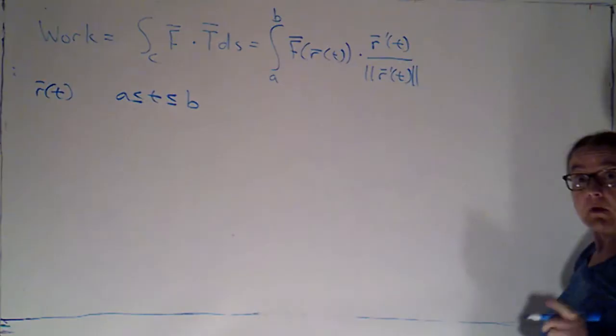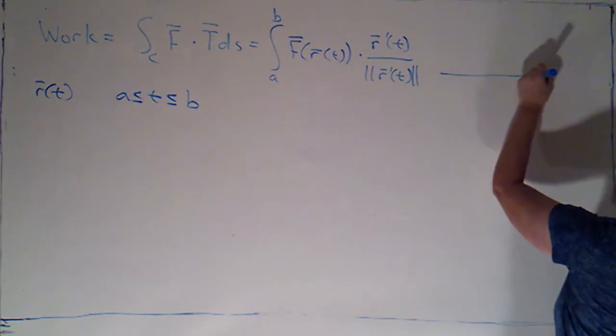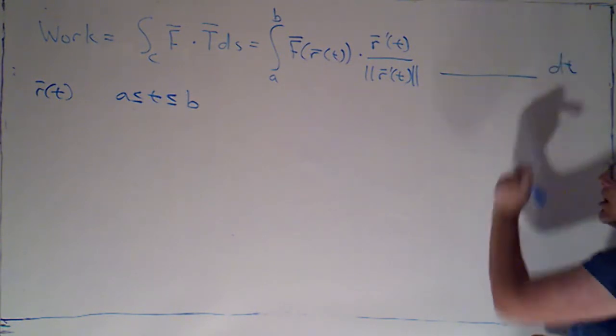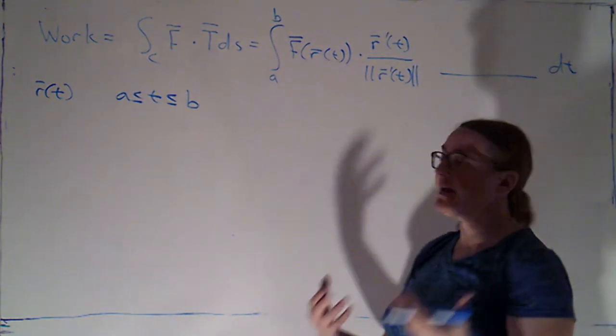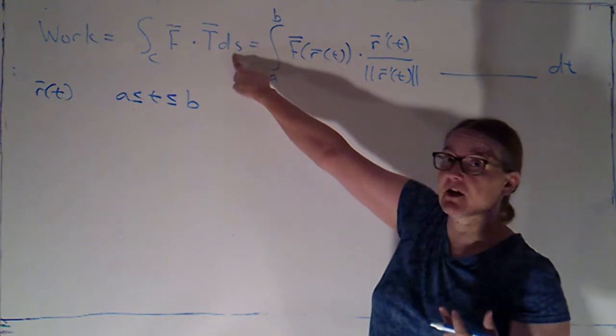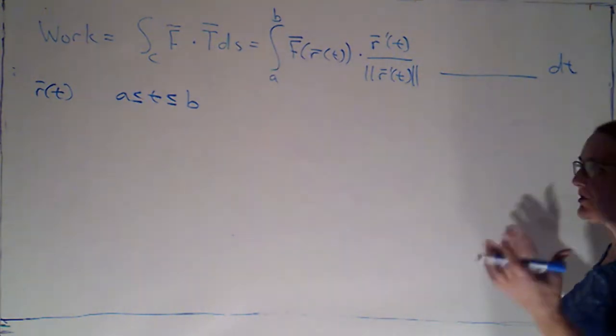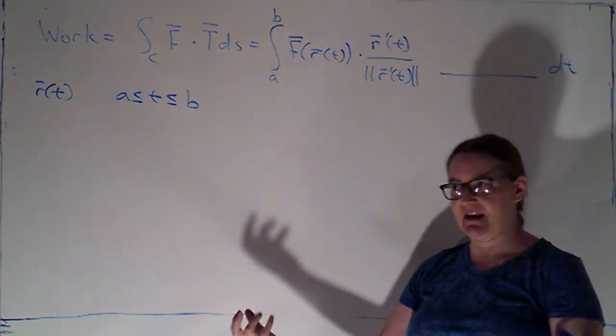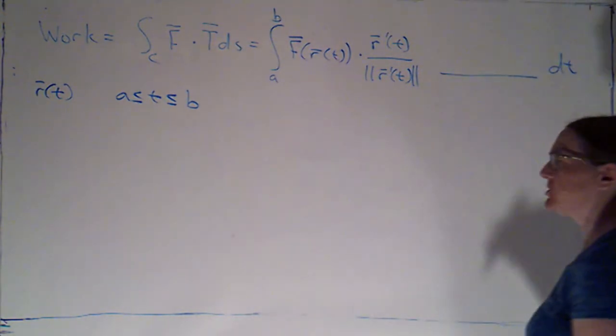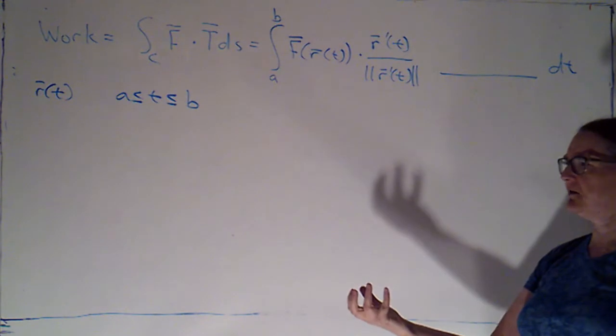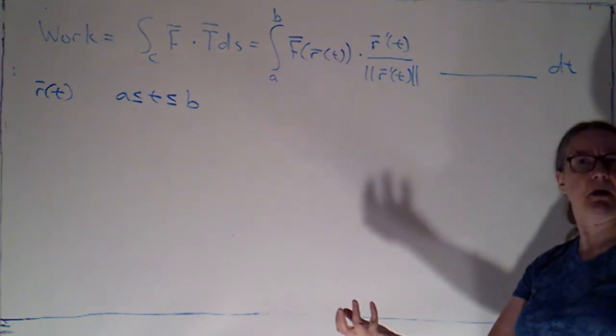And then I know if I'm switching from ds to dt, I'm always going to have a scaling factor. Anytime I change the differential at the end of my integral, there's some scaling factor to account for the fact that ds is not the same as dt. Okay, small change in arc length, not necessarily equal to a small change in time. That makes sense.